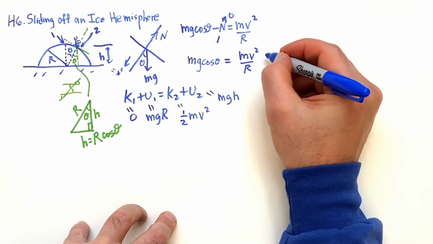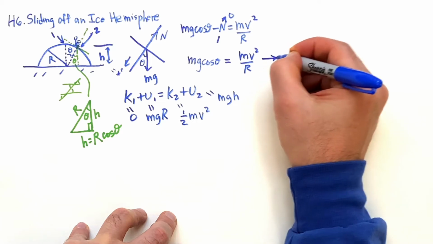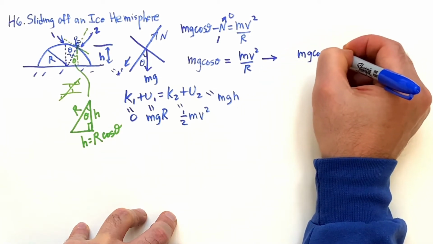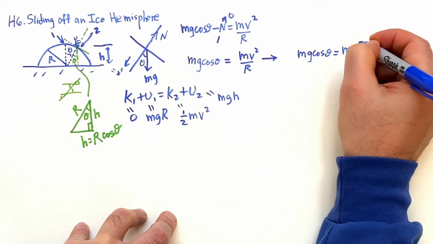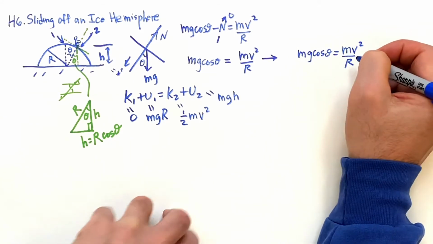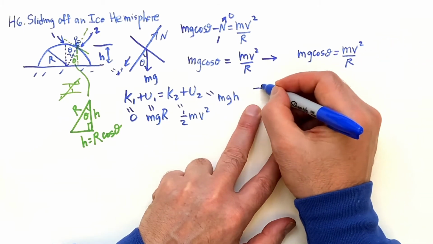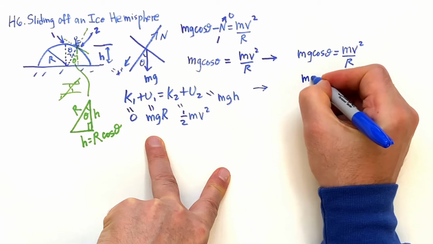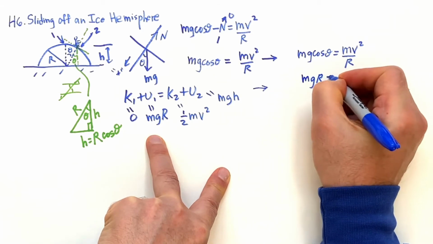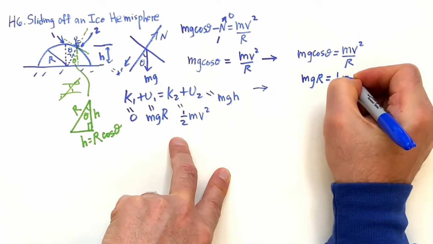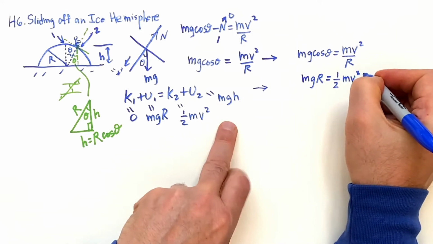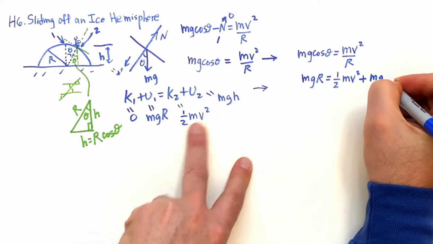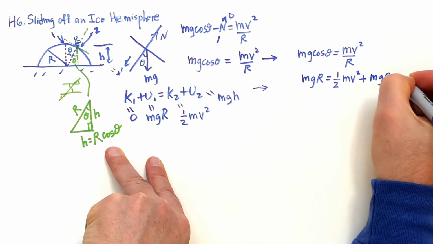So I get two equations. This first equation, mg cosine theta, is mv squared over r. And then from this equation, I'm going to get mgr is 1/2 mv squared plus mg times h, which is r cosine theta.